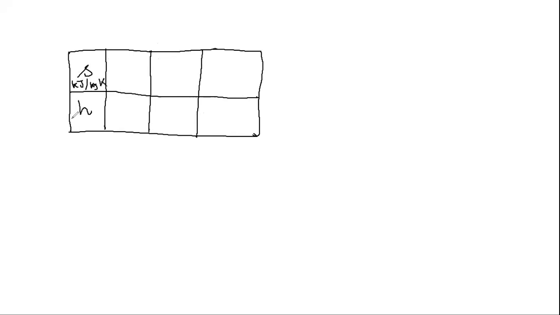Here the unit is kilojoule per kg. Here we will write corresponding to 40 degrees centigrade, and here we will write corresponding to 50 degrees centigrade. The entropy value corresponding to 40 degrees centigrade, and for all these values the pressure is 1000 kilopascal.